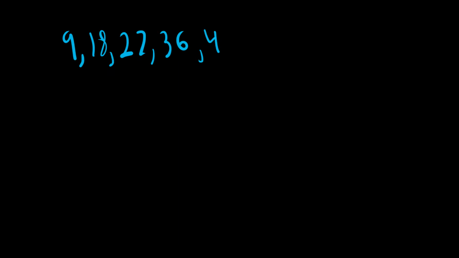Well, here's one way of explaining this. 9 is a factor of both 18 and 27. So let's look at the multiples of 9. 9 times 2, times 3, times 4, times 5, and times 6.